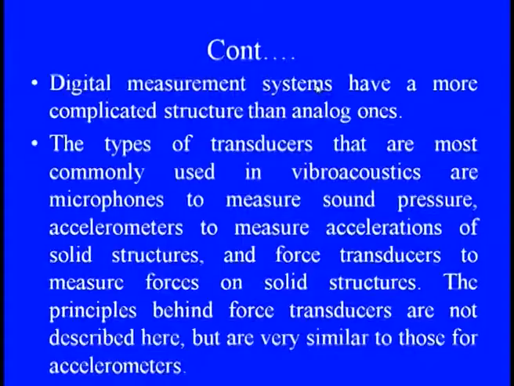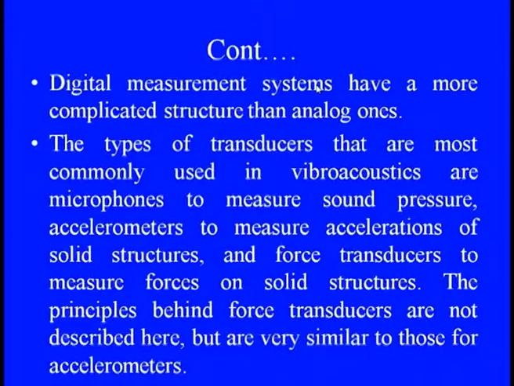The digital measurement systems which we generally use are always more complicated in structure than the analog ones. For the types of transducers used in these systems, sometimes we use vibroacoustic ones: microphones to measure the sound pressure, accelerometers to measure the acceleration of the solid structure, or force transducers to measure the forces in the solid, which are generally used and coupled with that.